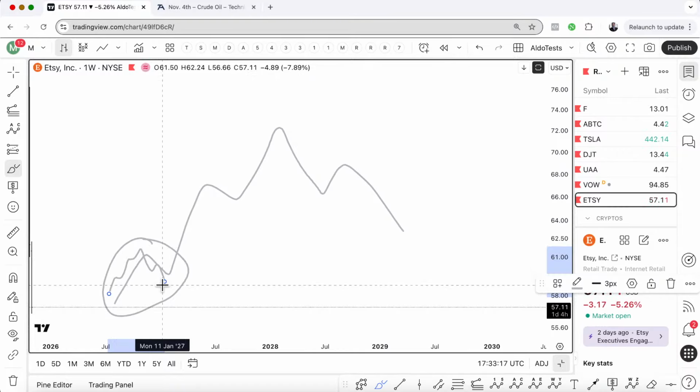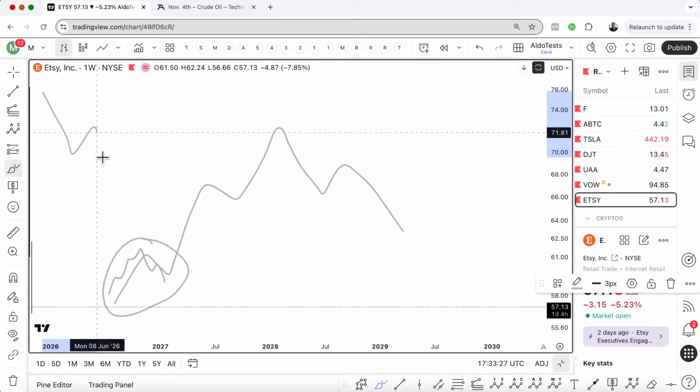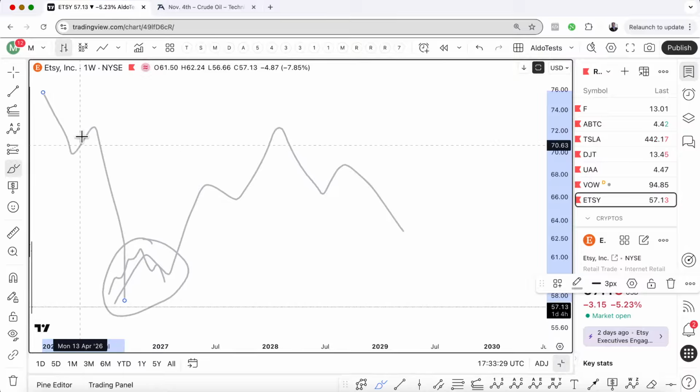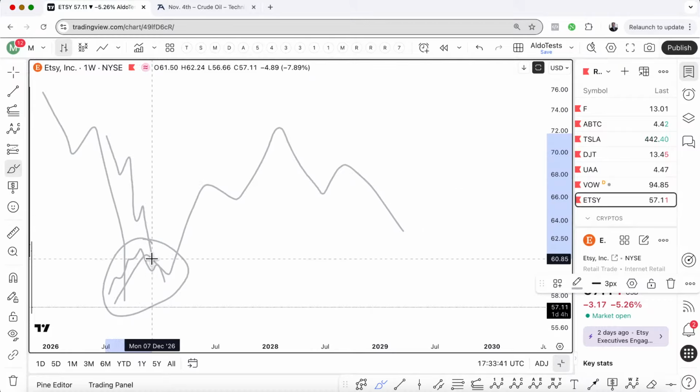It is clearly established by the time it goes here. You see, remember we have A, B, C here, right? So by the time that wave C forms, it's also forming a series of lower highs and lower lows.